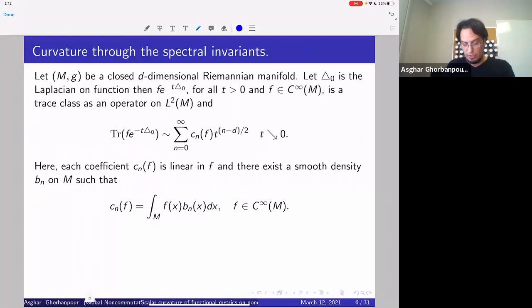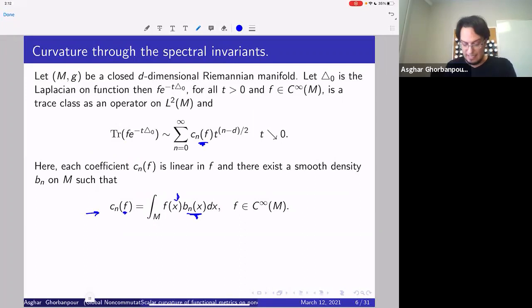In particular, we know that every coefficient can be expressed as an integral with some density: for any function f, you multiply it by that density and integrate.